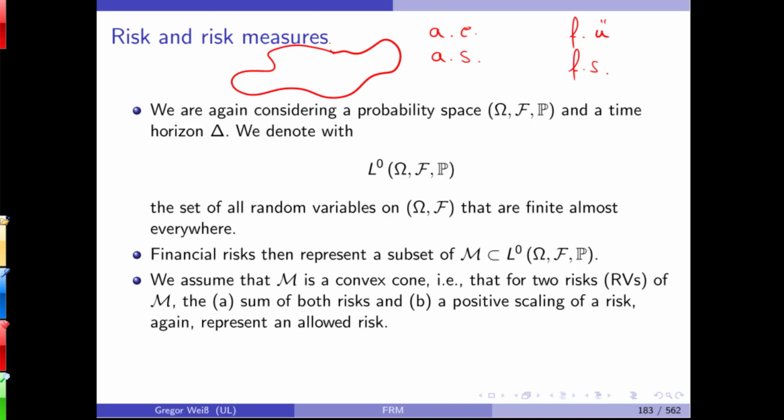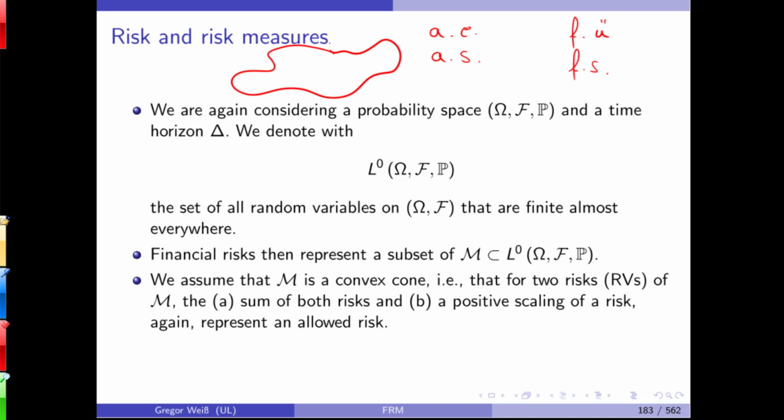Each stock investment is a risk. A convex cone means if we combine two stocks into a portfolio, the portfolio is still an investment we can invest into. And if we buy one stock, we can buy 5 stocks and we can buy 10 stocks. We would still get a risk.